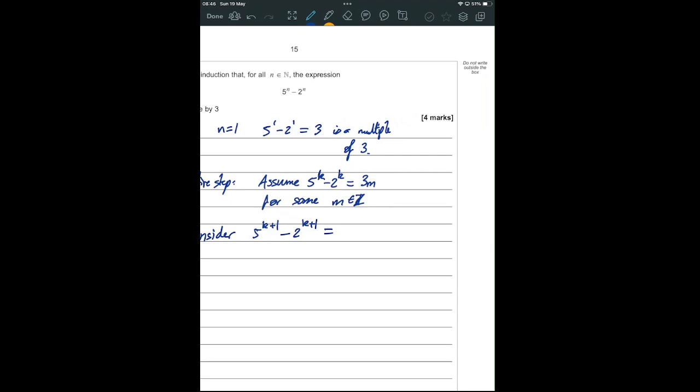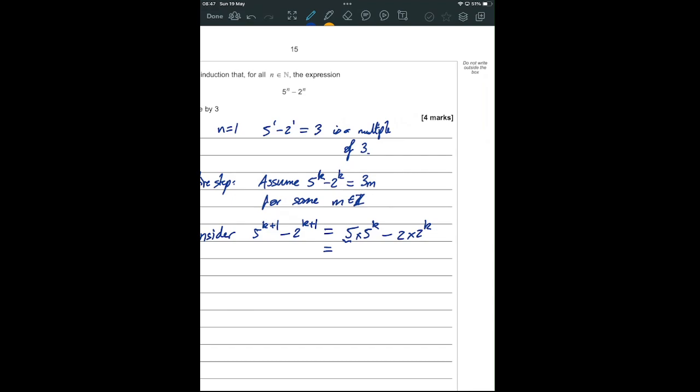Well, the only thing to do first is to bring down one of the powers. So rules of indices say we can separate an addition in the power into a multiplication. So that's 5 to the 1 times 5 to the k minus 2 times 2 to the k. And now I can see that this 5, I can split into a 3 and a 2.